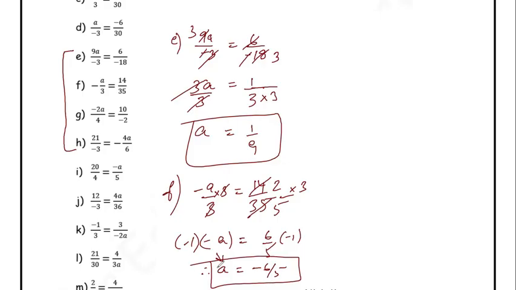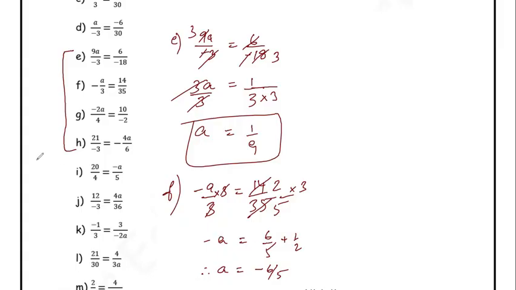Now, instead of saying multiplying negative 1 on both sides, what I would like to do is simply say that if negative A is equal to 6 over 5, it means A is equal to negative 6 over 5. Correct? And once again, these tricks can only be applied if there's no added fraction or any fraction like half on the right hand side or left hand side.